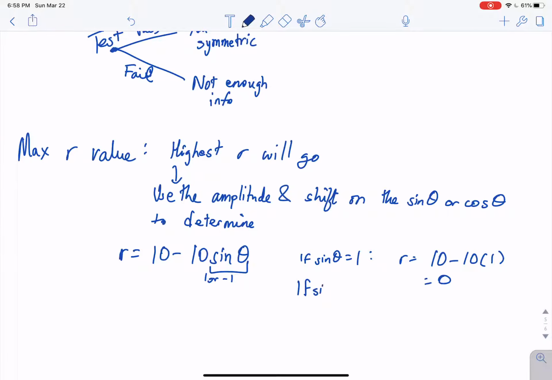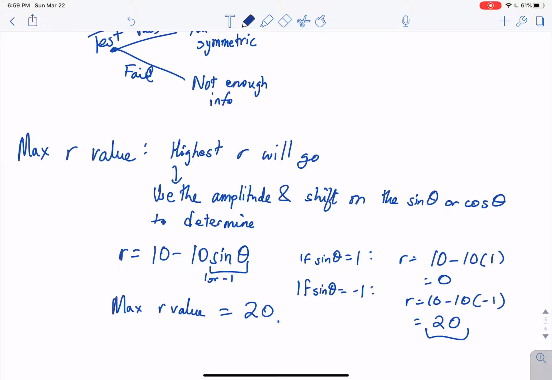But if sine theta is -1, then R will be 10 minus 10 times -1, which is 20. So its maximum R value is 20 because it could go up to 20. It can't go above 20 because the maximum sine can go to is 1 or -1. It can't go beyond that. So we can't get above this, but this is that maximum value that it can hit.